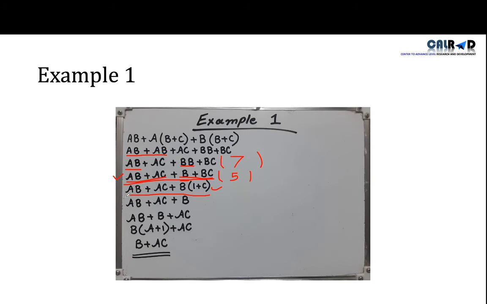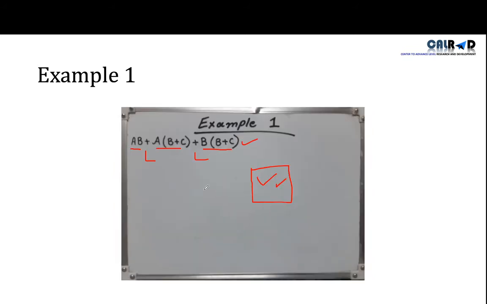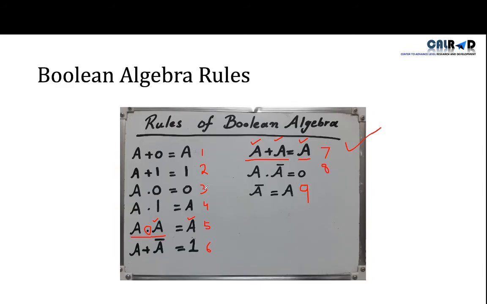Now we have AB plus AC plus B into 1 plus C. Now we will see, is there any law for this 1 plus C? Yes. Here is the rule: A plus 1 is equal to 1. This means if any input is summed with 1, then the output will be 1.